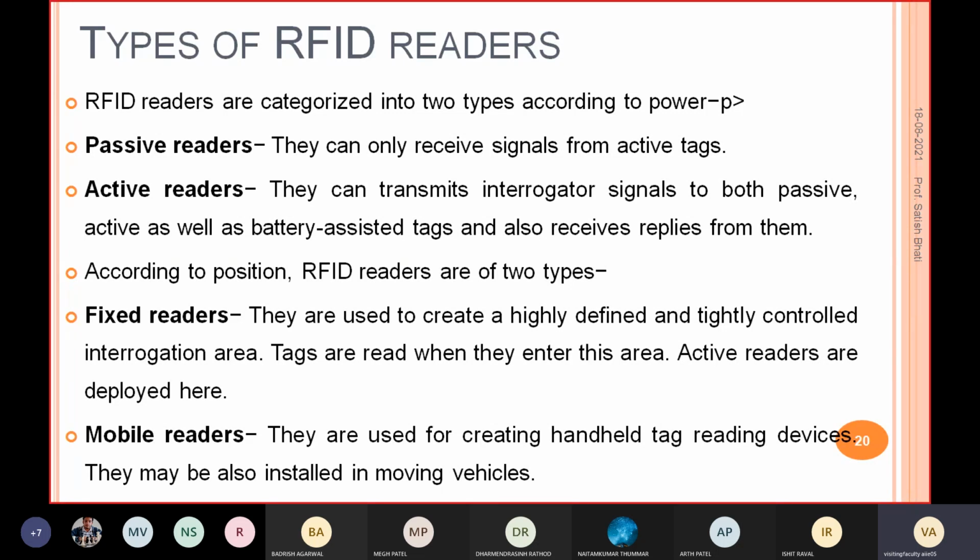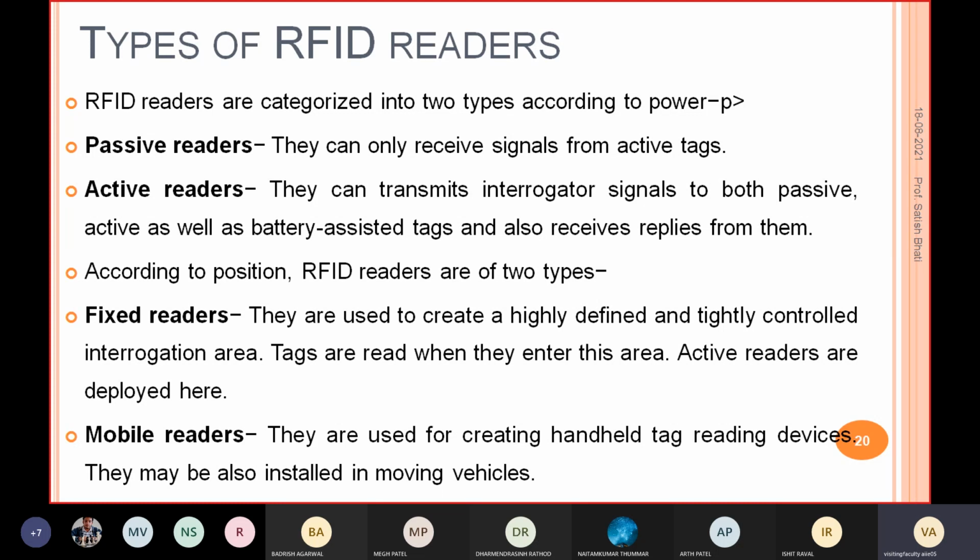So active readers can do communication with all types of tags: passive, active, and semi-active or semi-passive. Active readers can transmit and also receive, whereas passive readers only receive, they can't transmit. That is based on the power.